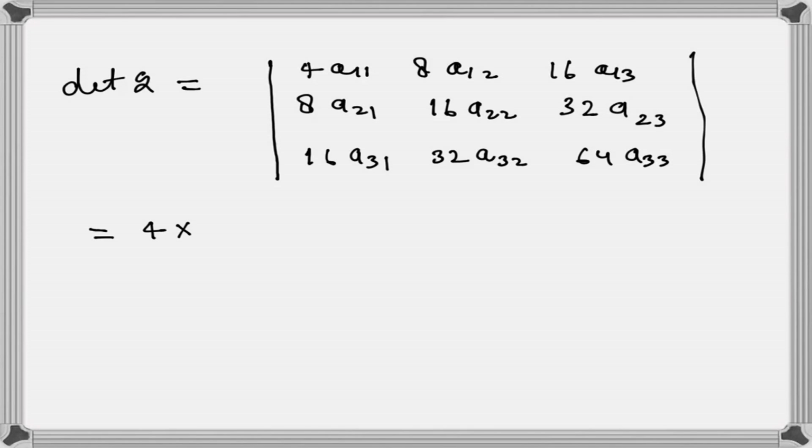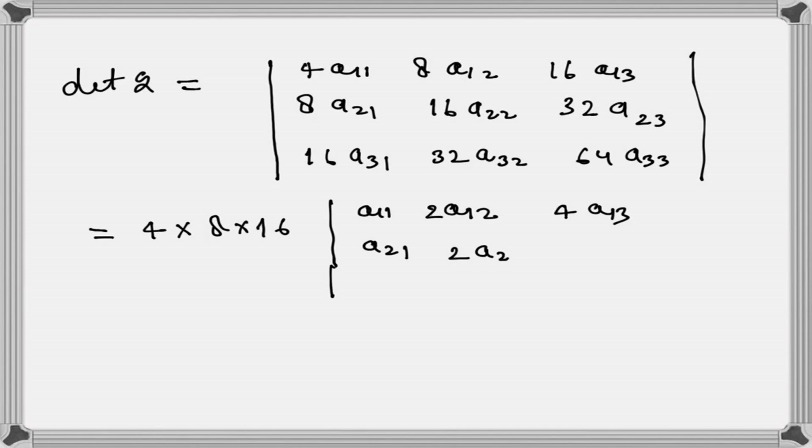4 into 8 into 16. Then we have a11, a12, 2 times a12, and 4 times a13; a21, 2 times a22, 4 times a23; then a31, 2 times a32, and 4 times a33.